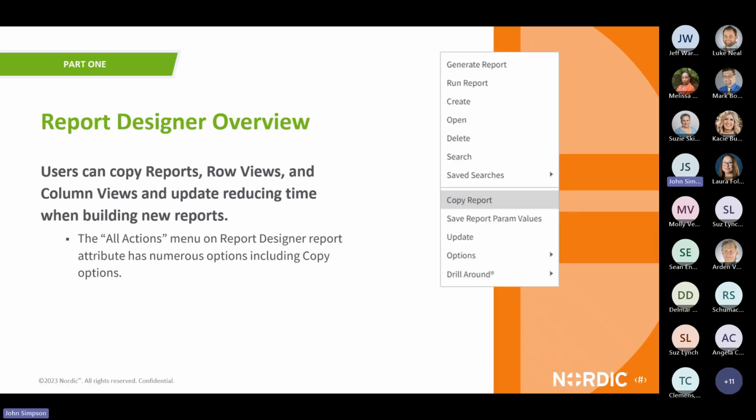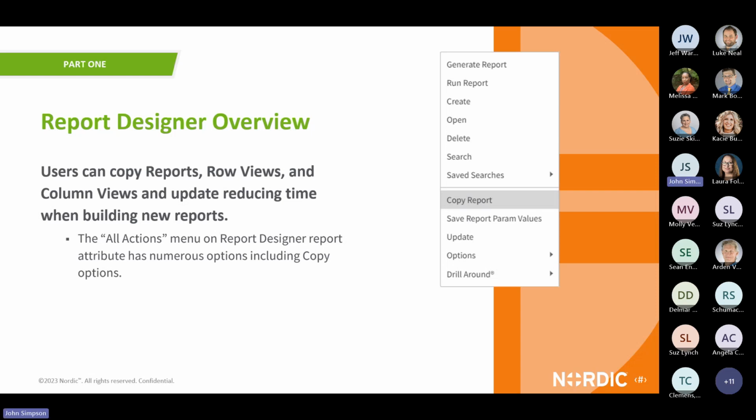We talked about this before too. You can copy the reports. You can copy an entire report, and you can copy any of the pieces of the report to build a new report quickly. So to use RW as an example, if I wanted to copy a level group and bring that over or build a new level group, I could do that too. The same thing here. I could take a column view that I've already built that is most of the way there, make a copy of it, rename it, and make my changes, and it reduces the time to build the report.